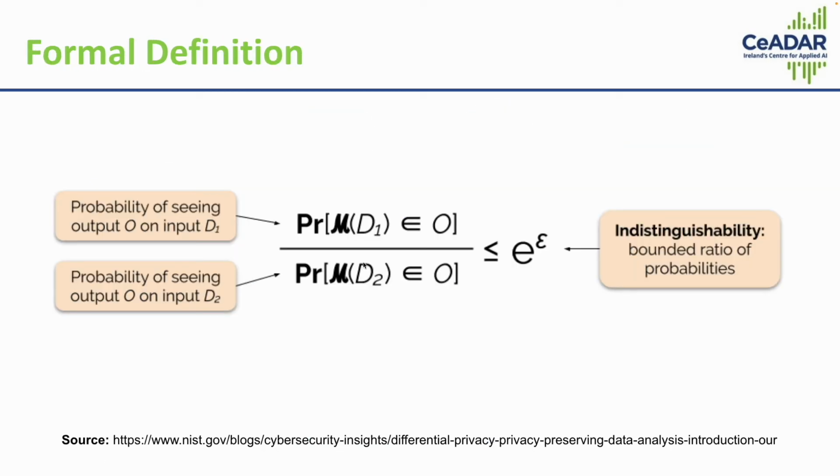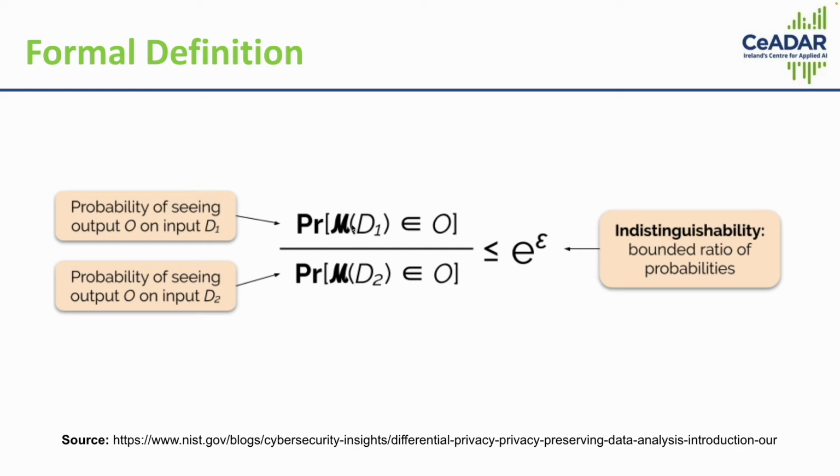After this, let's have a look at the formal definition of differential privacy. This is the formal definition. Suppose there are datasets D1 and D2, which are neighboring datasets. That means they differ by at most one data instance, or they are as close as possible. And there is M, the analysis that you do on these datasets.